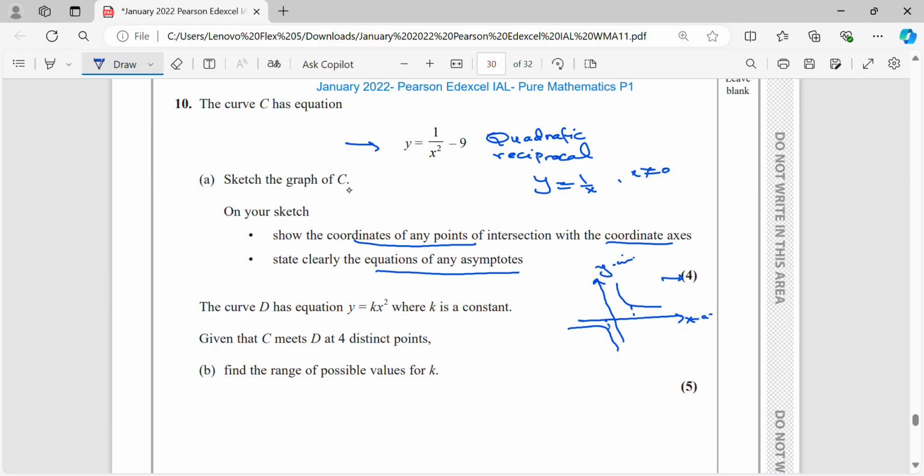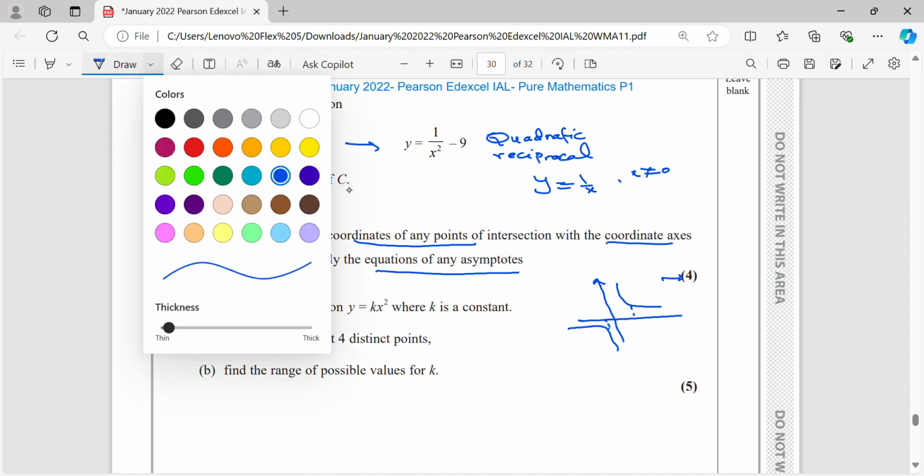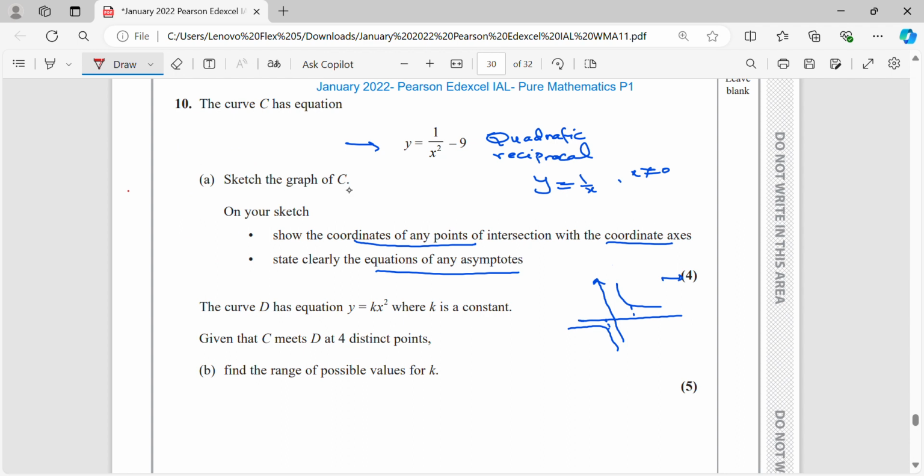An asymptote means that the curve will never touch the line. It keeps going on, but will never touch the asymptote. So let me draw an asymptote here: y equals 0.